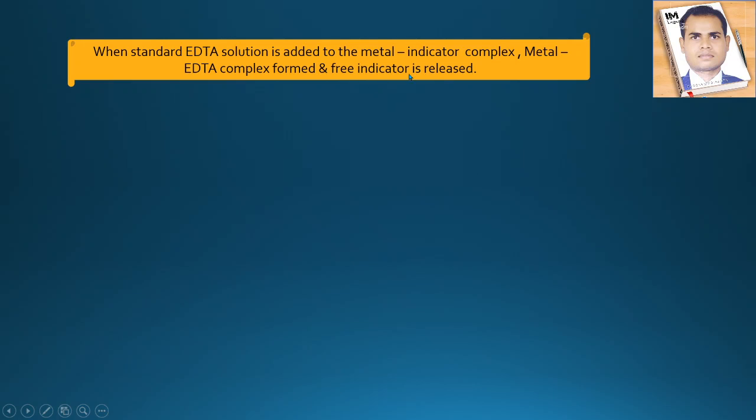First of all, you will add the metal sample with the indicator, so it will form the complex. After that you will add the EDTA solution. The metal indicator complex is less stable, so it will break down after the addition of EDTA solution, and the metal-EDTA complex will form, and the free indicator will be released from this solution.